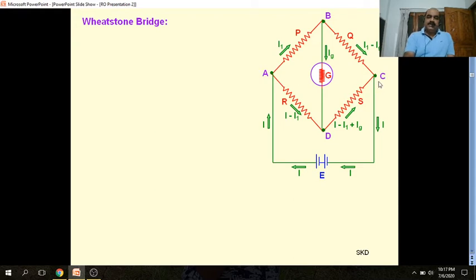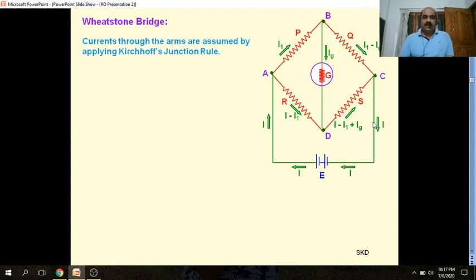Similarly for the junction C, these two branching currents come here, and the total sum I will move out from junction C. So we can say the current through the arms are assumed by applying Kirchhoff's junction rule.